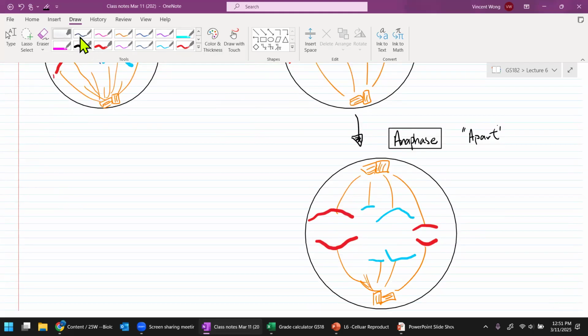Just to help you remember what they are, these are sister chromatids. Let's number them again. This is 1 and 1, 1 from mom, 1 from mom. 2, 2. Similarly.